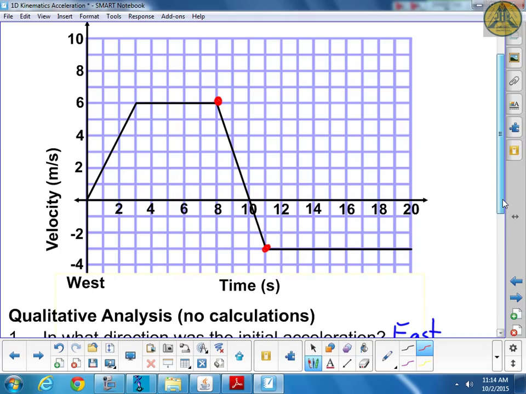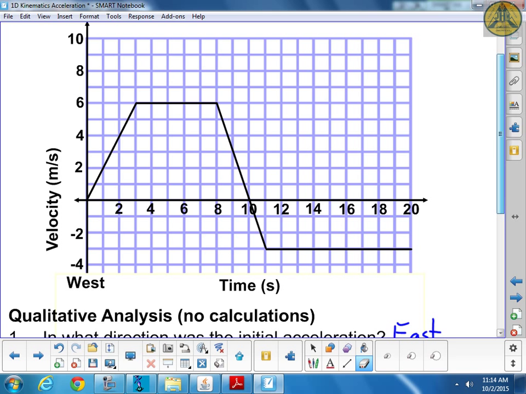So it has changed direction. This question is just to look closely at the directions of what's happening. The acceleration is always in the negative direction, but the velocity started east, changed to west.